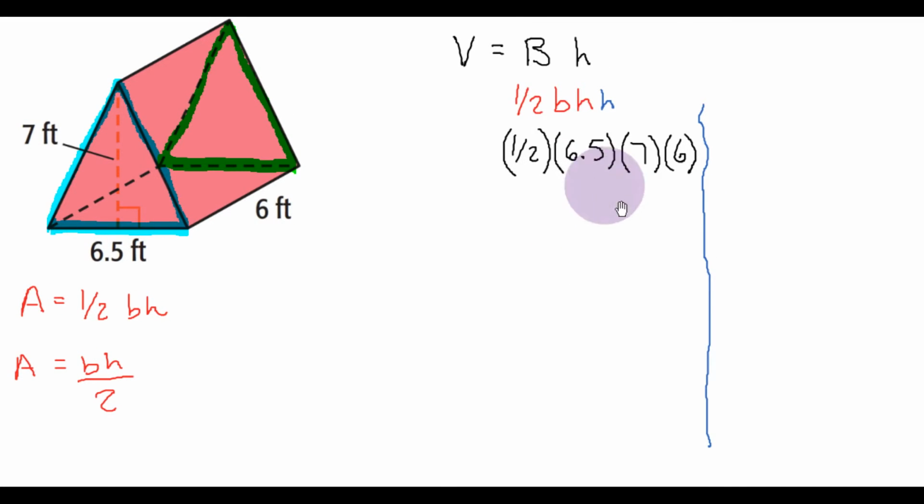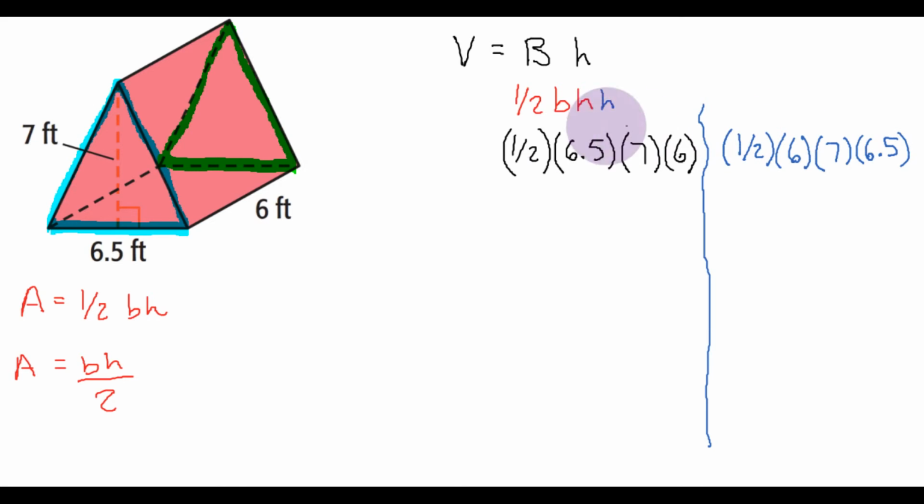And from here, I'm just going to rewrite these values. I'm going to reorder them using the commutative property. I know that 1/2 of 6 is easy to find. So I'm going to multiply 1/2 times 6. And then we'll multiply that value times 7, and I'm going to save the decimal for last. We'll multiply by 6.5 last.